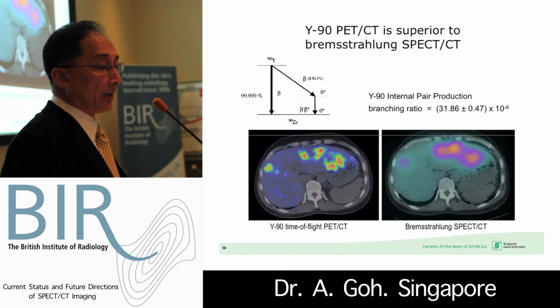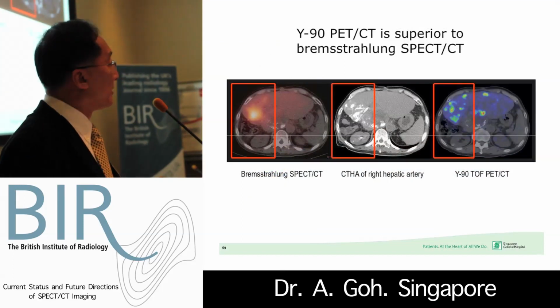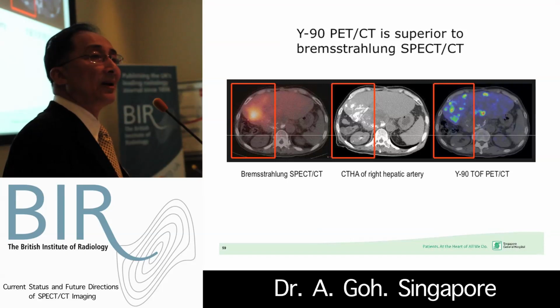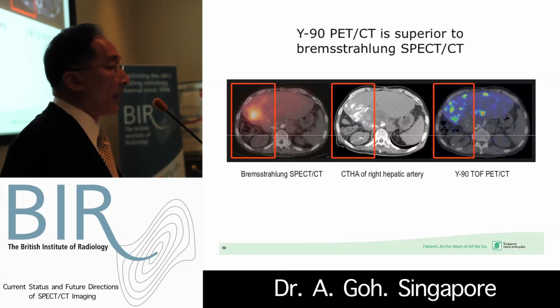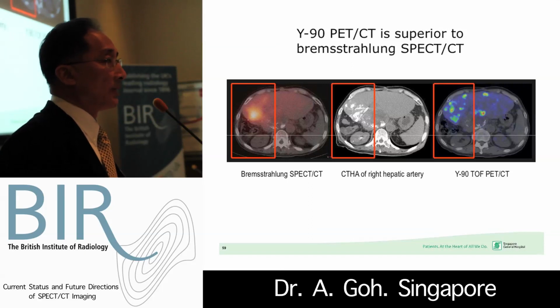So here's the SPECT CT, and this is the same patient after Y-90 treatment put under a PET scanner. And in fact, we believe that the PET gives us a much more confident answer as to if any areas within the liver or tumors are inadequately treated compared to the blurry Bremsstrahlung, which we know of course has limitations.